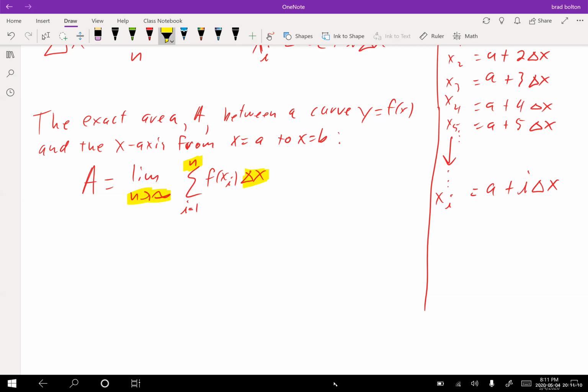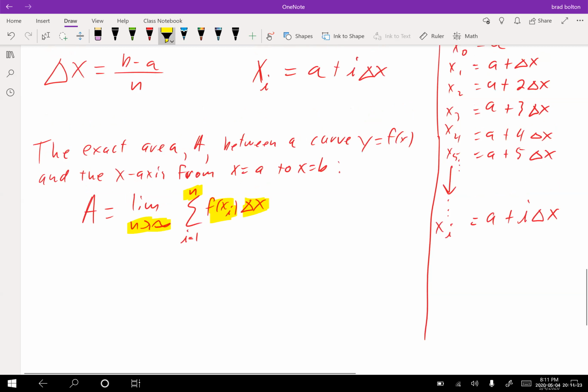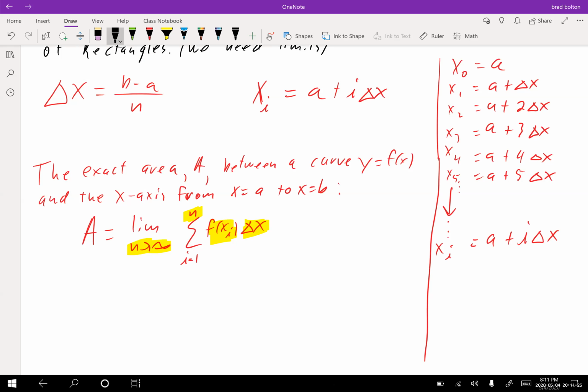This is the thickness, this is the height. So you're doing base times height, base times height, base times height, base times height. How often? To the end of time, as far as you could ever imagine, the infinite amount, okay? However, this must be true, and this must be true.